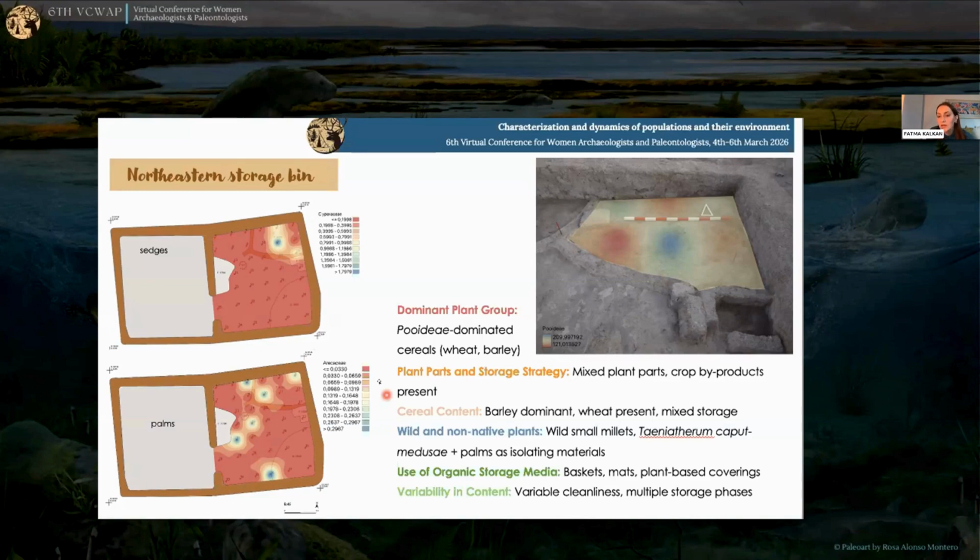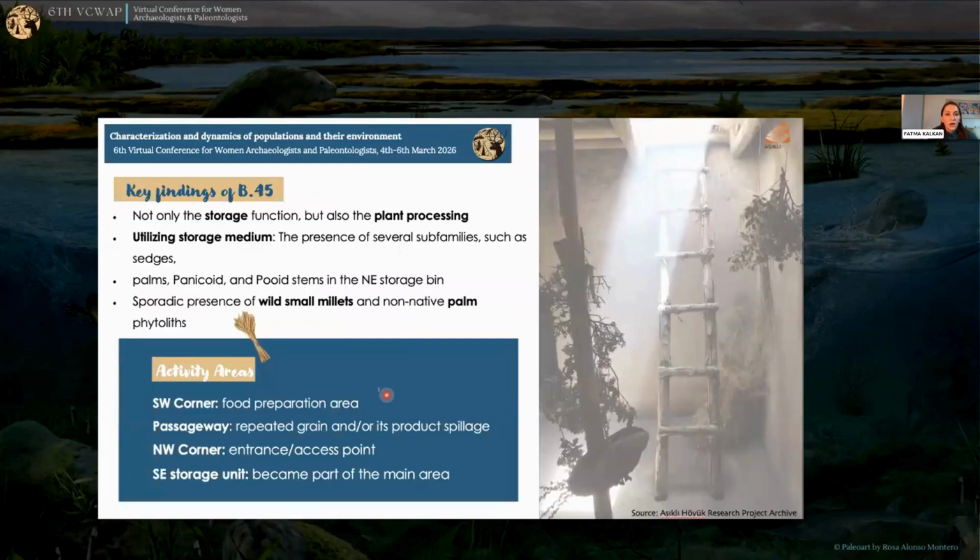Sporadic wild millets likely reflect weedy harvest inclusions or plant-based artifacts, and palm phytoliths, which are non-local to Central Anatolia, indicate deliberate use of imported plant materials.